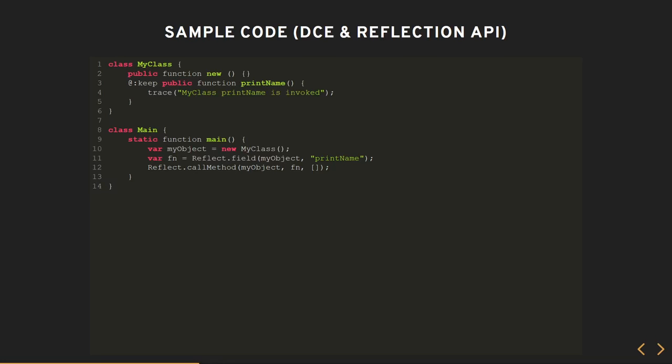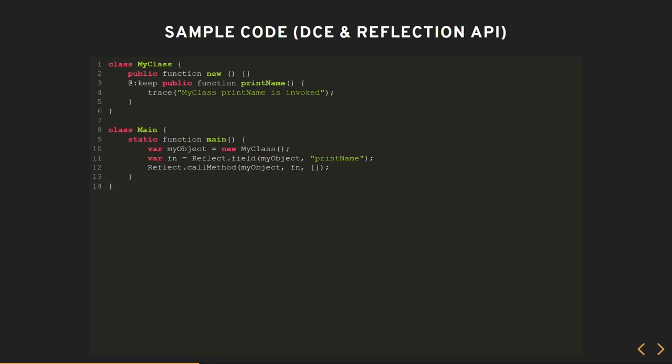But if we only did that, chances are the program wouldn't even work, because from the compiler's point of view, looking at this entire file, the function printName is never actually called. So by default, Haxe is going to remove printName from the output, because as far as it can tell, it's completely useless.